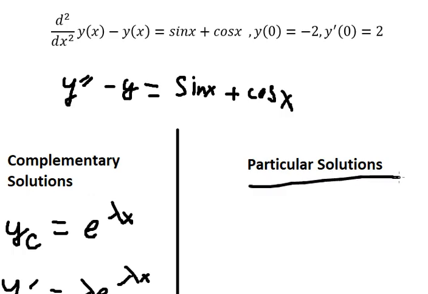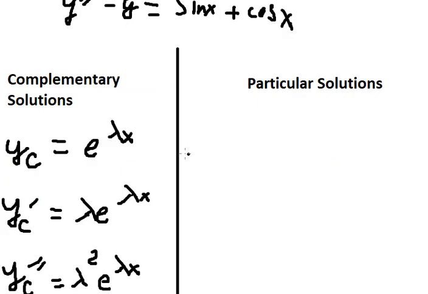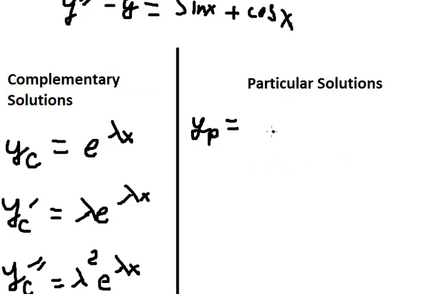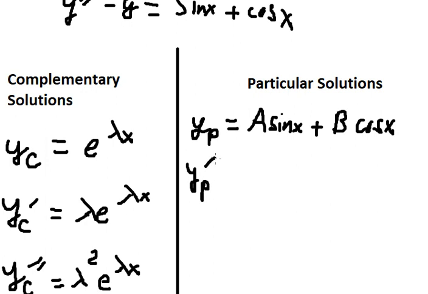Let's go to the particular solution. So I will put yb. We can see that we have sin x and cosine x. So I will put a sin x plus b cosine x. Now we need to find the second derivative of yb. The first derivative of sin x is cosine x.